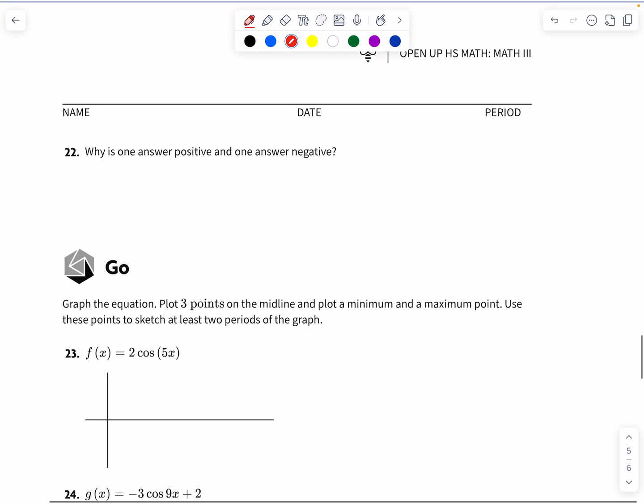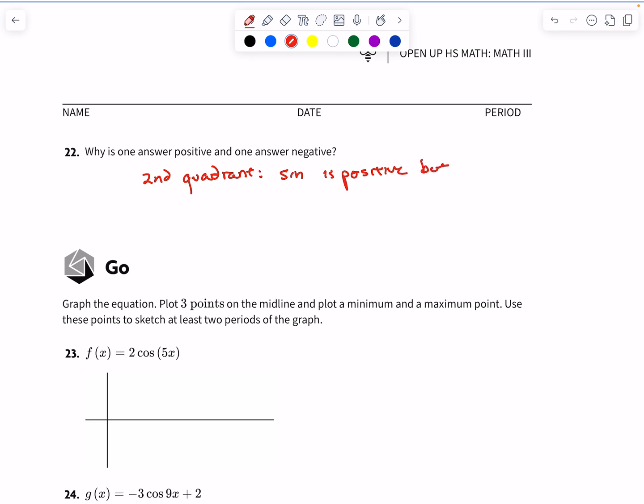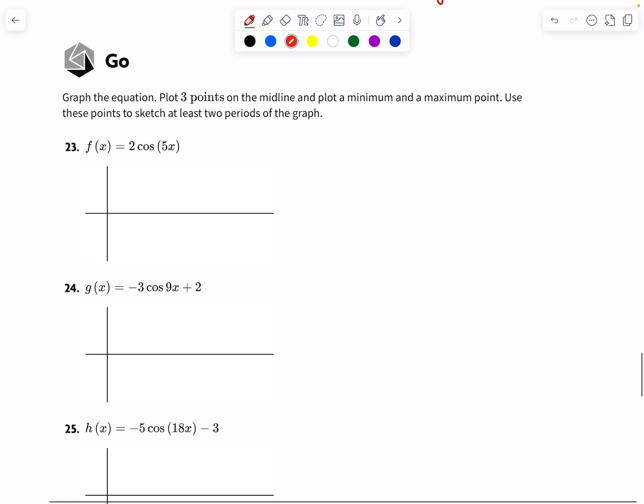Okay. They aren't both positive unless you know you're in the first quadrant. All right, how do we do this?